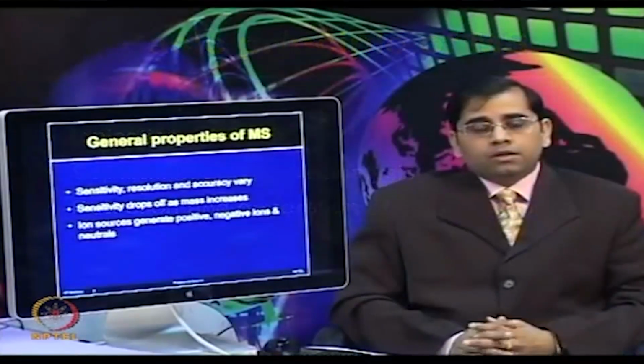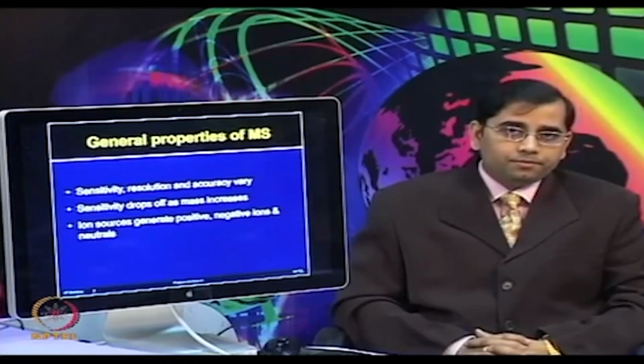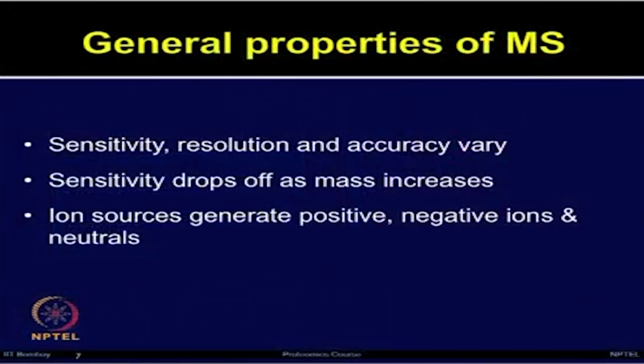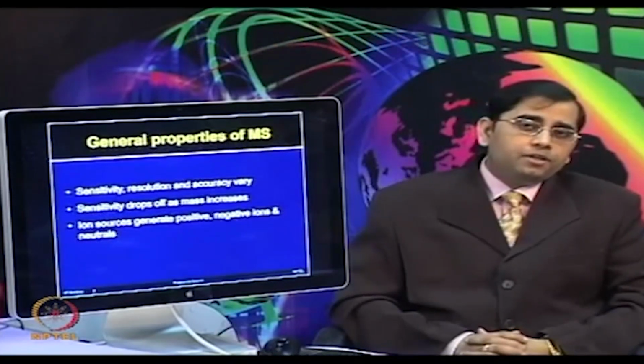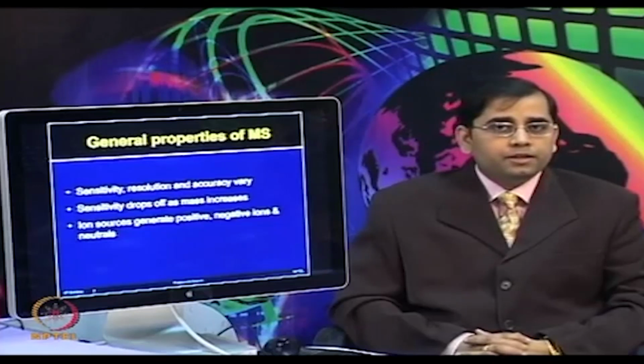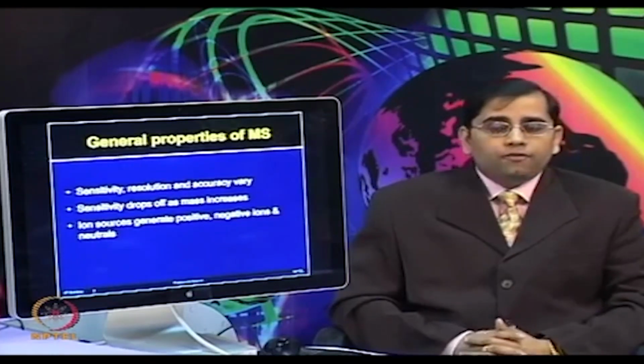Now, let us discuss the general properties of MS. The sensitivity, resolution and accuracy vary among various mass spectrometers. The sensitivity drops off as the mass increases, and as I mentioned, the sensitivity for protein detection can be as low as the attomolar or femtomolar range.